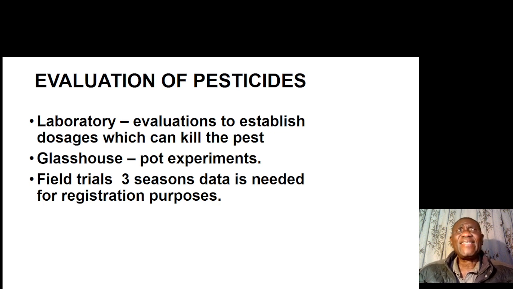You may find that the originators of a pesticide may start with laboratory, then glasshouse work. Then when they are sure, they do field trials. When they market, people may just start from field trials, so the process could be shortened at the end user.